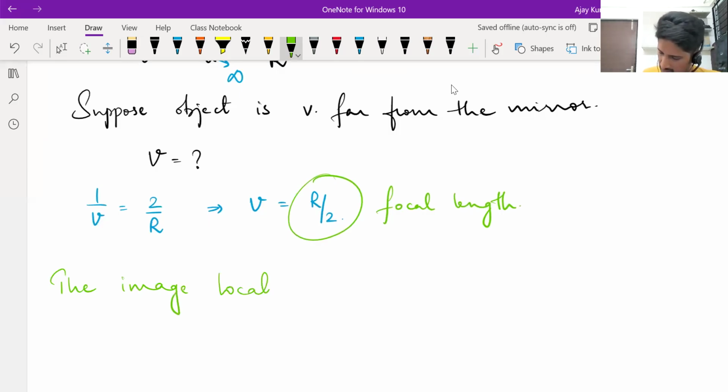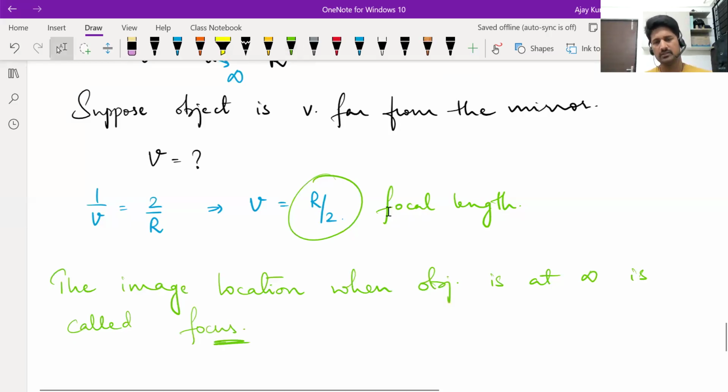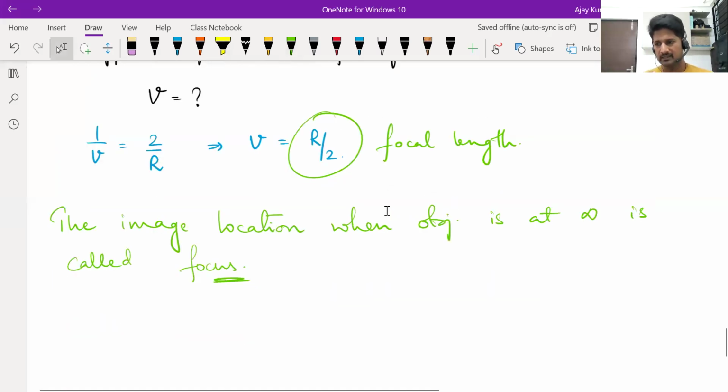The image location when object is at infinity is called the focus, whether it's a mirror or a lens. Okay, this is how focus is defined. And the distance of the image in that case is called the focal length.